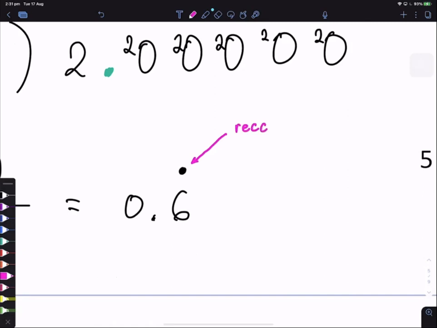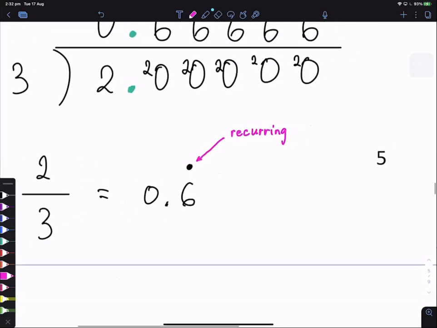That's what we say is recurring or repeated forever. Recurring, reoccurring, repeat means the same thing. So that 6 there, because there's a dot on top of that 6, is going to repeat forever and ever and ever. It's going to be 66666. That's correct.